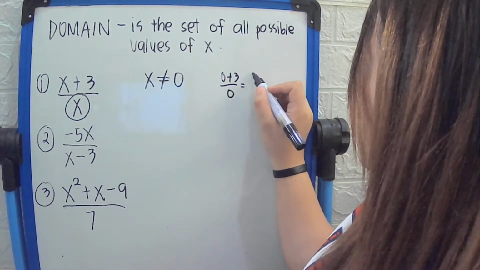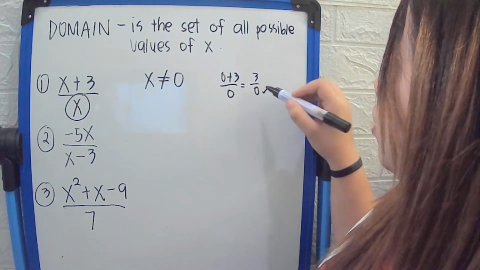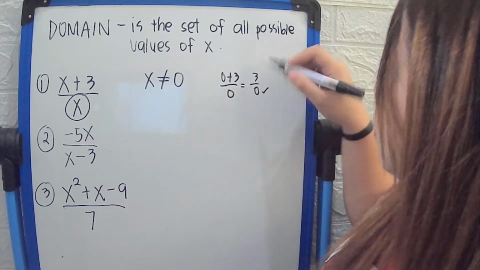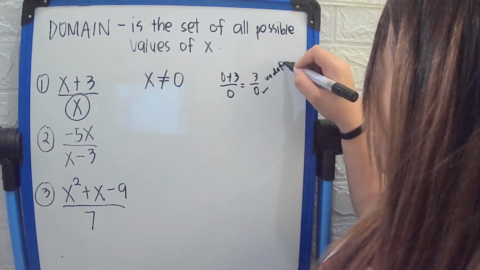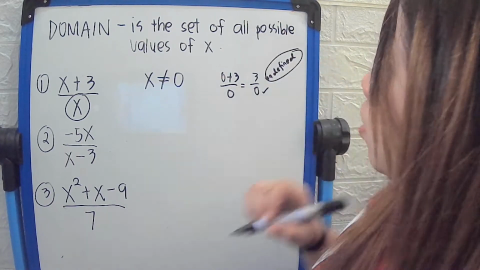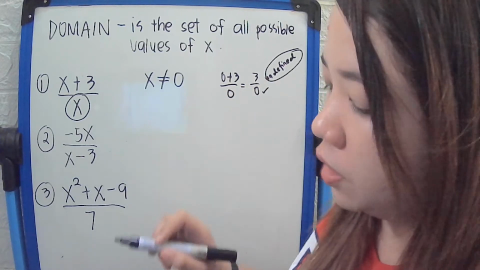So 0 plus 3 is 3 over 0. Your denominator here is 0, which makes the whole expression undefined. So your restriction is that your x must not be 0.